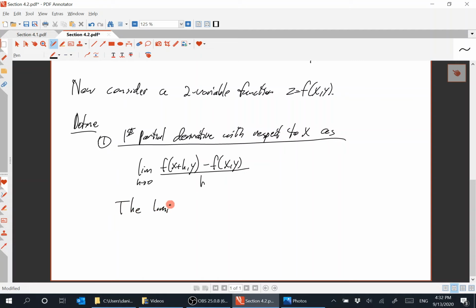The limit treats y as a constant and only x varies. Right? Thus, I should give it a notation.